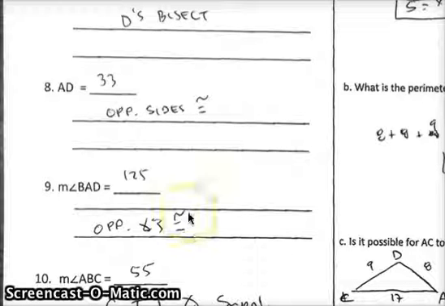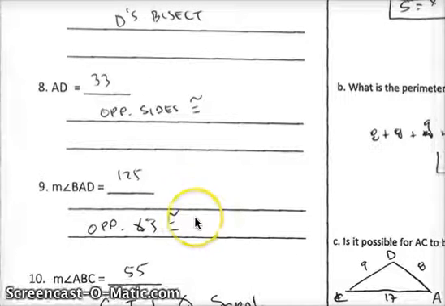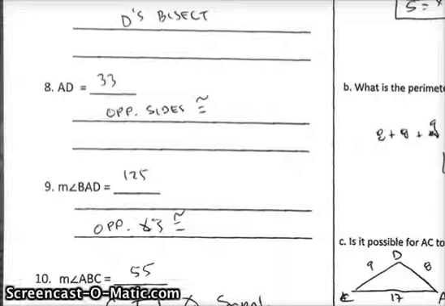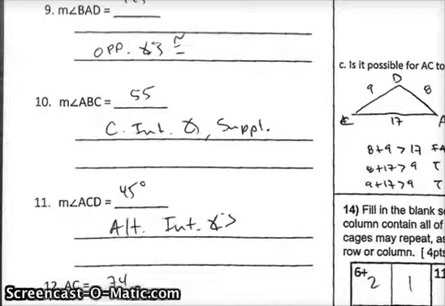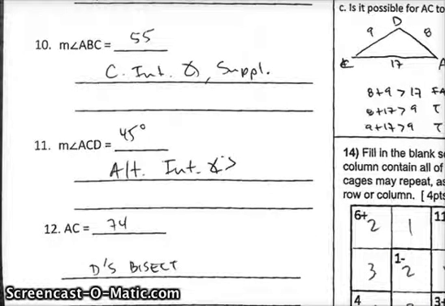Question number 10, 55 degrees. Consecutive interior angles are supplementary, so blank plus blank equals 180. Question number 11, angle ACD is 45 degrees because alternate interior angles. Number 12, AC is 74, and in a parallelogram diagonals bisect, which also means the diagonals are congruent.